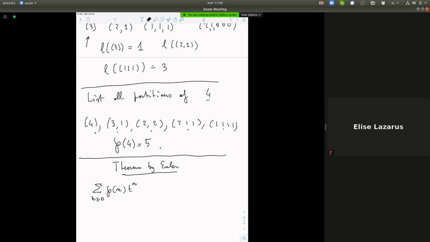I will explain to you how this formula is obtained by studying some very interesting and amusing particular case. But Euler found this beautiful formula.